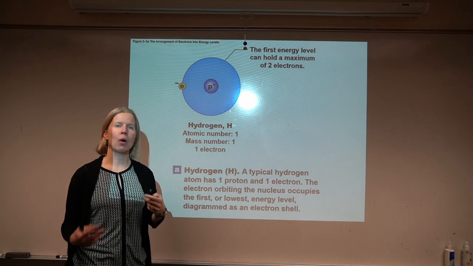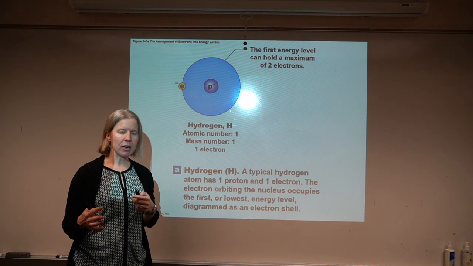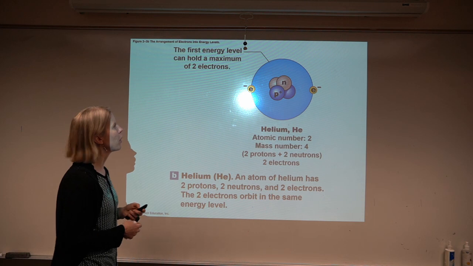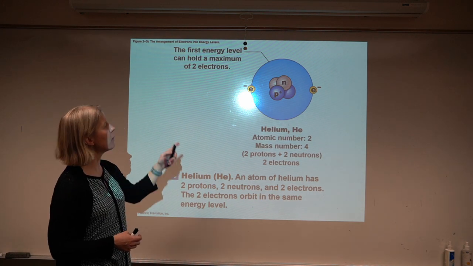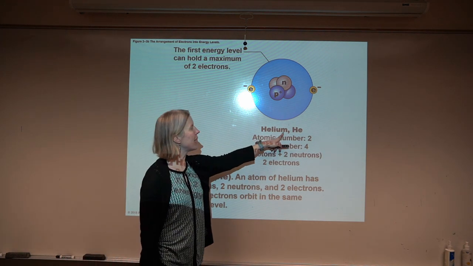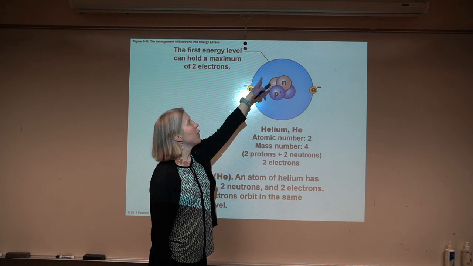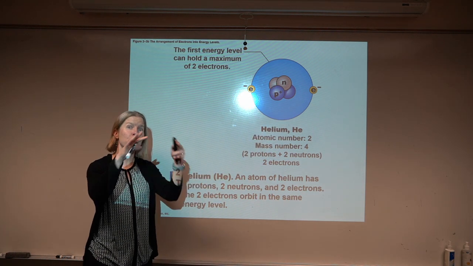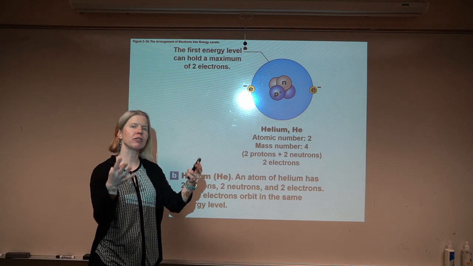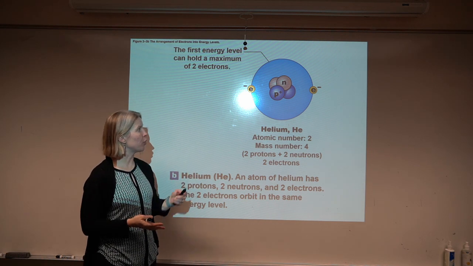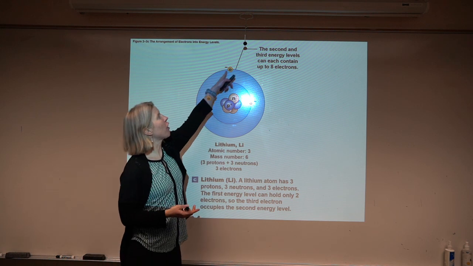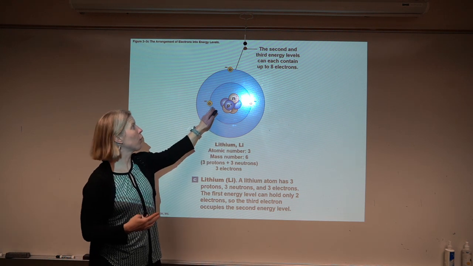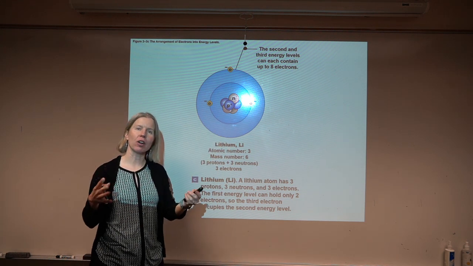Now, when we think about how electrons orbit, they follow these rules. This is one of those things that you just have to memorize. Here is an example of helium showing you that you can have 2 electrons in that first orbital, or first shell. From there, if you get more than 2 electrons, you start adding on shells.